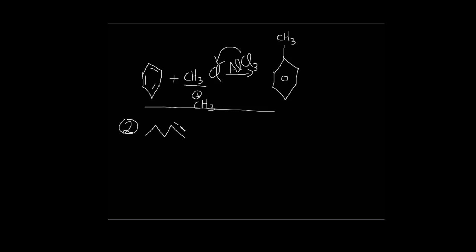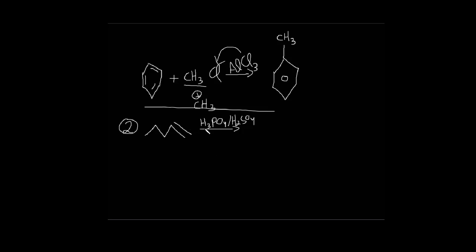So let's say we have this alkene. We can make a carbocation from this alkene by many ways. The first way, we can react it with an acid. The acid can be, let's say, H3PO4 or H2SO4.